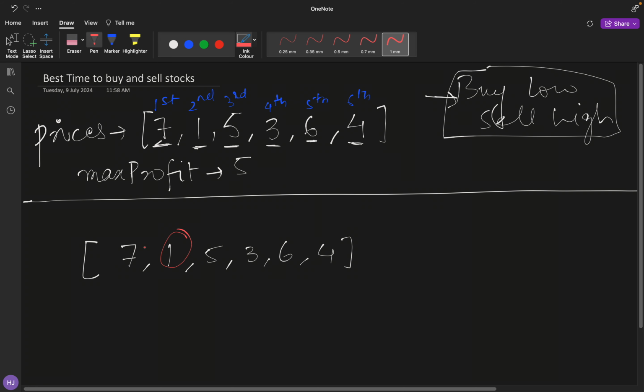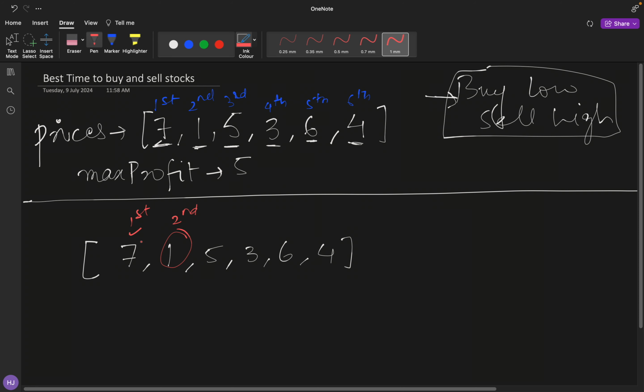And on which day should we sell the stock? I think the answer is 7, right? That would mean we buy on the second day and sell on the first day. Is that really right?